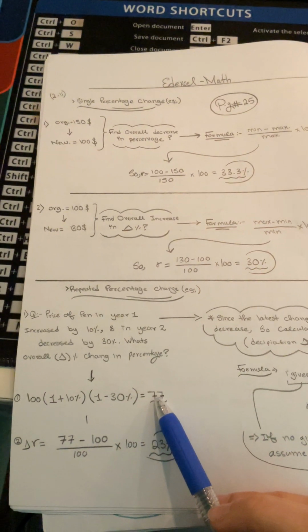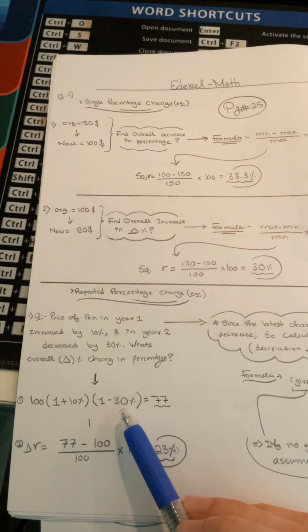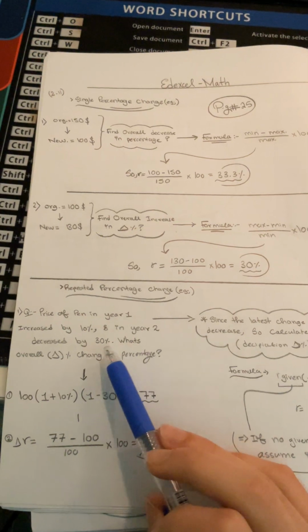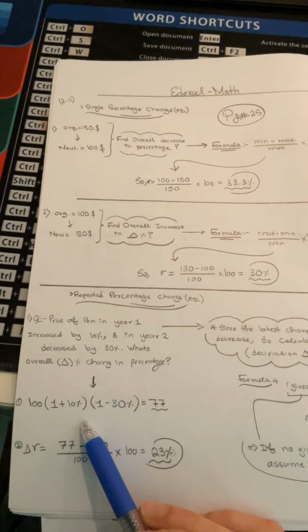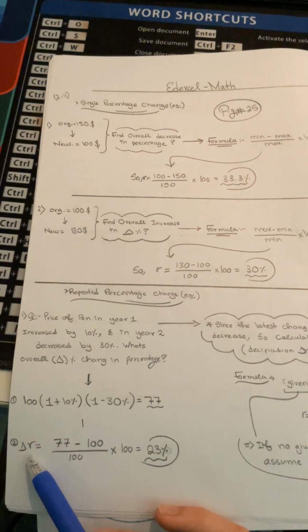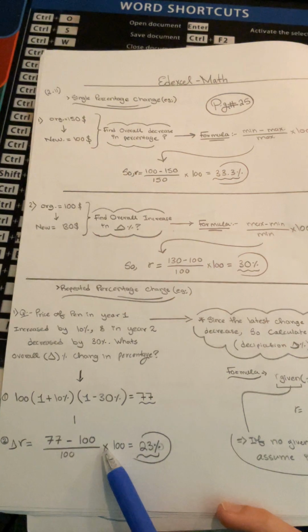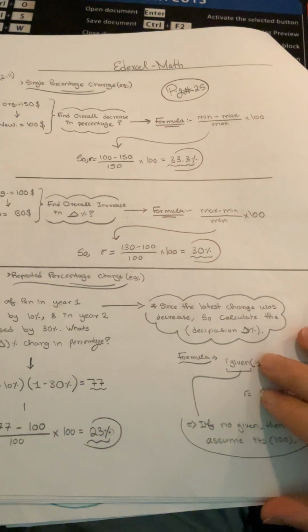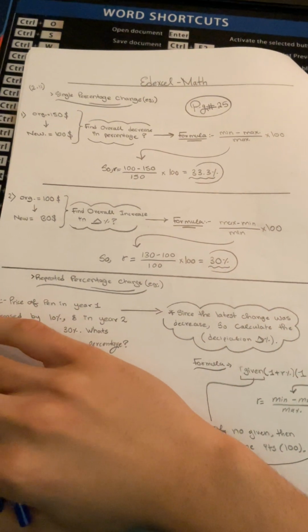So now we have 77, and we need to find the loss, which is the decrease, because our latest change was a loss of 30%. So the rate is minimum minus maximum divided by maximum times 100, which is 23%. Quick rule: if the number is not given, just assume that it is 100.